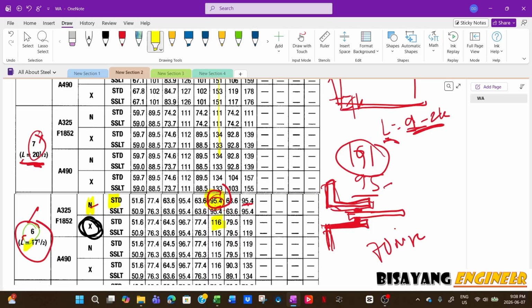So based on this one, you can still use the single shear plate, but the threads have to be excluded from the shear plane.